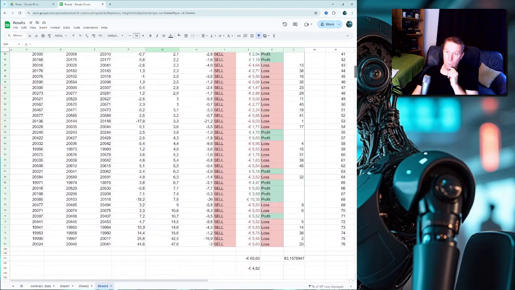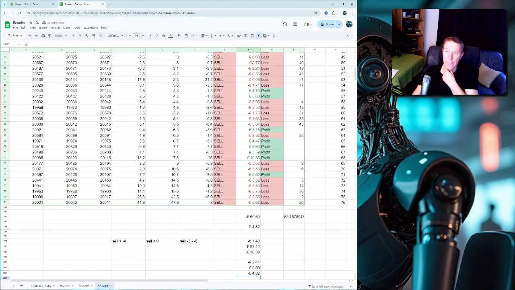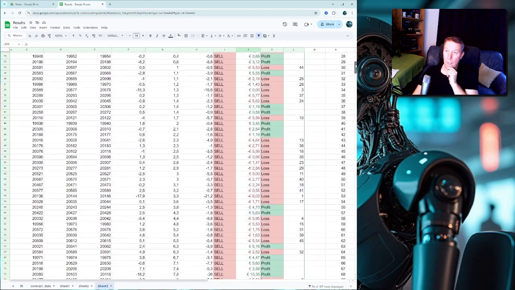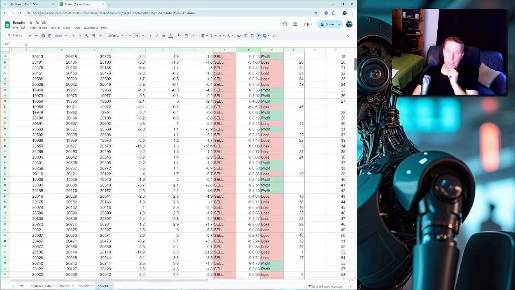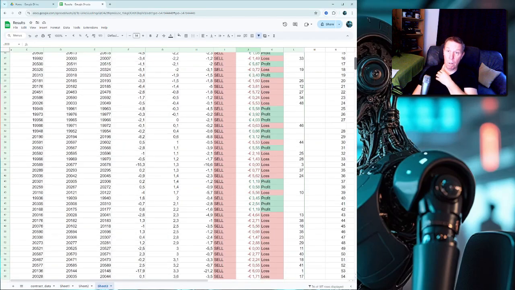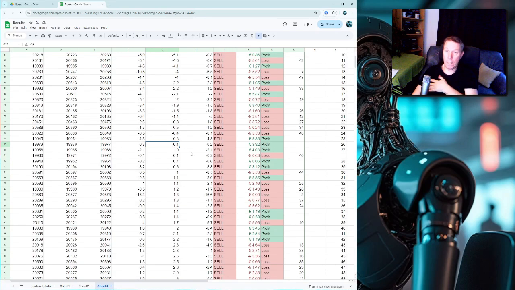What would it be with 1? 482. In the upper region, if the signal line is smaller than 0, then there is more chance of getting a profit.